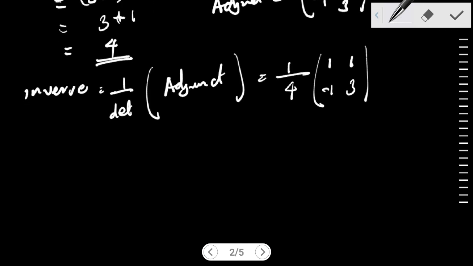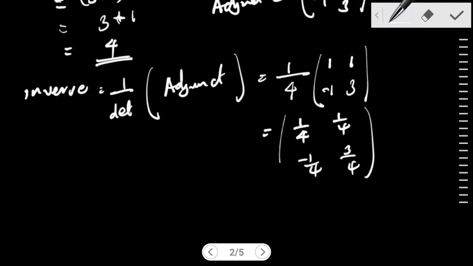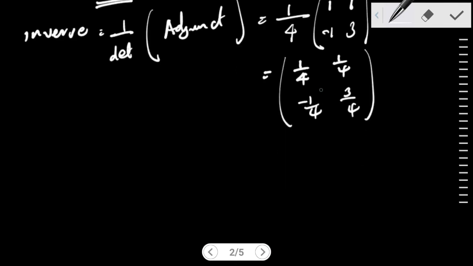Therefore, this would be equal to 1 out of 4, 1 out of 4, negative 1 out of 4, 3 out of 4. Now, having got the inverse, our inverse is this one.